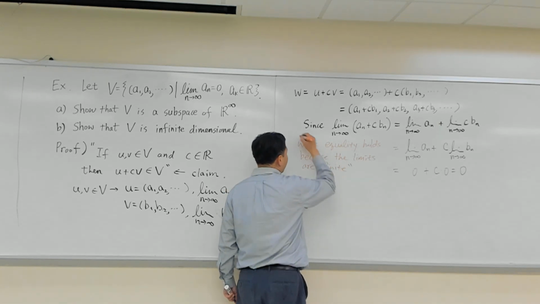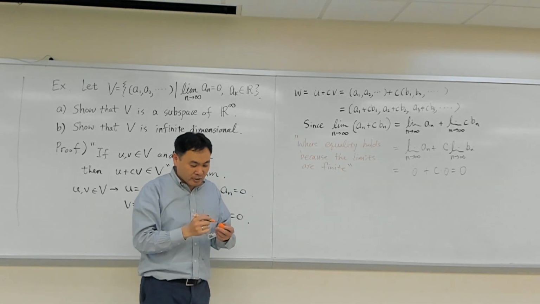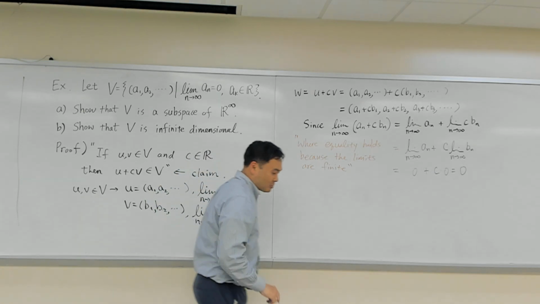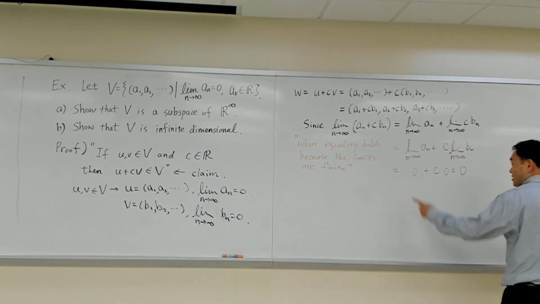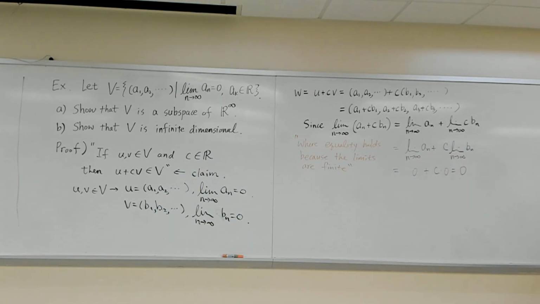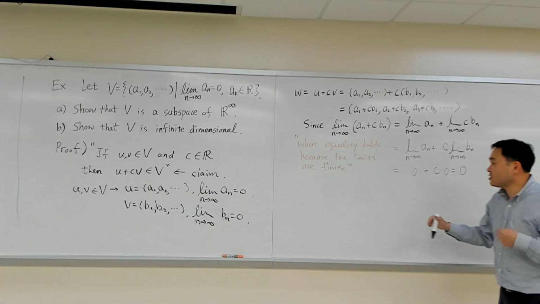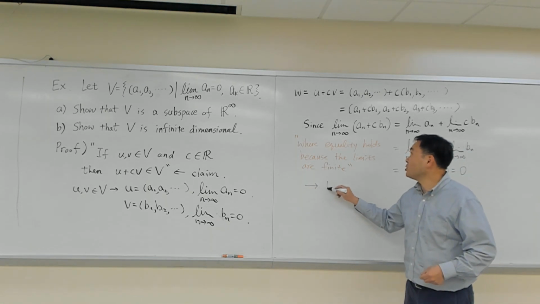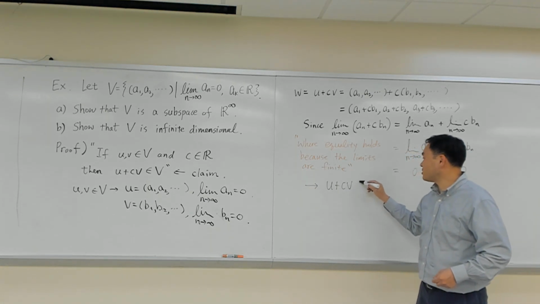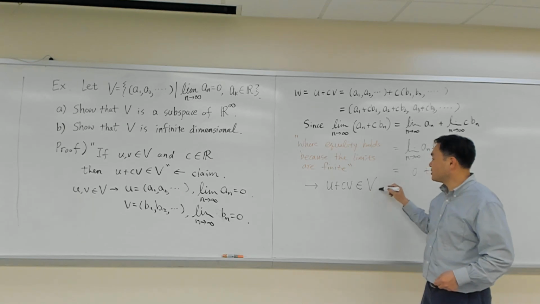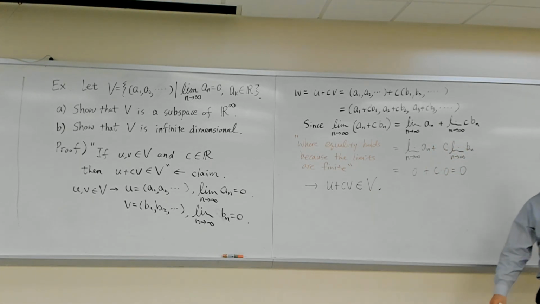So I might add this, and hopefully the very picky grader will say, okay, I'll give you a pass because I said it. All right, but anyways, we got 0, therefore what do we see? We see that indeed U plus CV is in V. Okay, and that shows that it's a subspace, so part A is done.